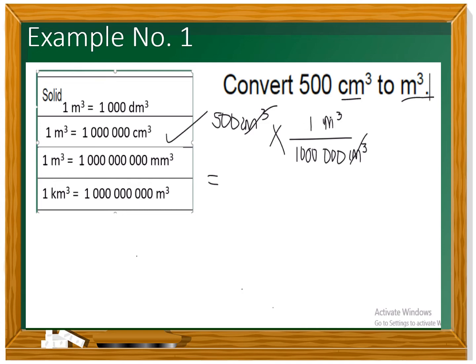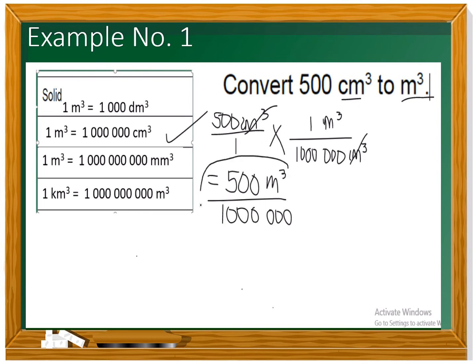500 times 1 is 500. And then the unit, cubic meters. Since the given is a whole number 500, we may say that the denominator of the given number is 1. So 1 times 1 million is equal to 1 million. Since we are converting a smaller unit to a larger unit, we have to divide.